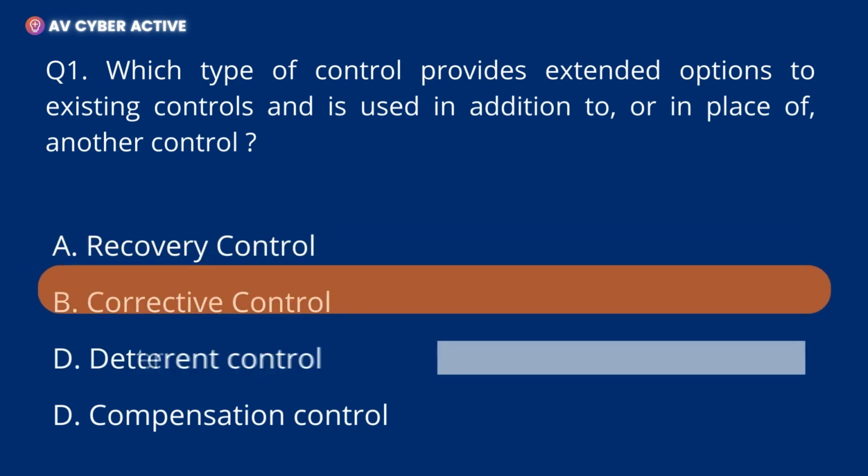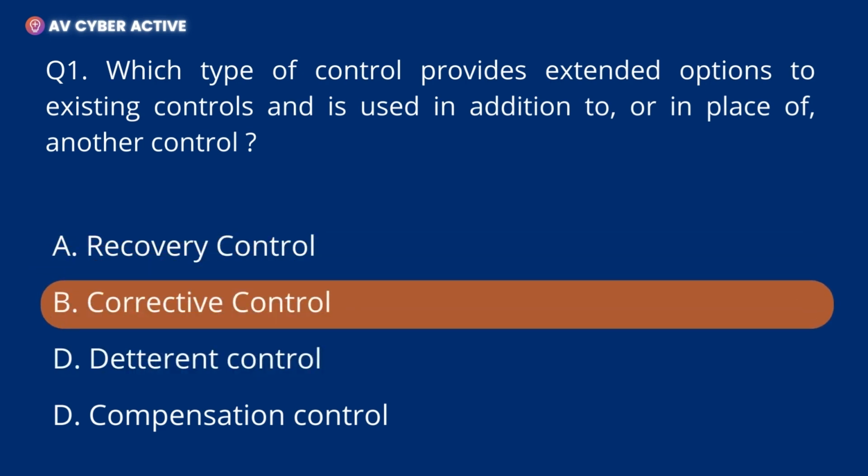Corrective control. So does this apply to the context of this question? The question is asking mostly about some extended option of an existing control. So what's corrective? A corrective control is something that modifies the environment to return the system to a normal state after an unwanted or an unauthorized activity or an incident has happened.